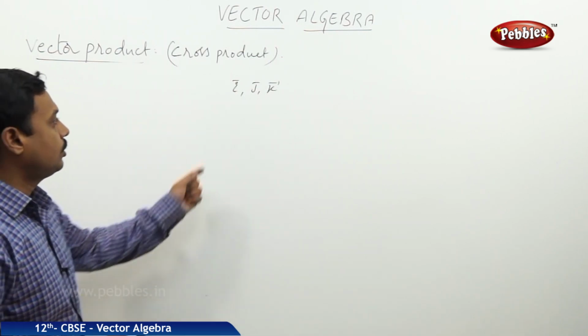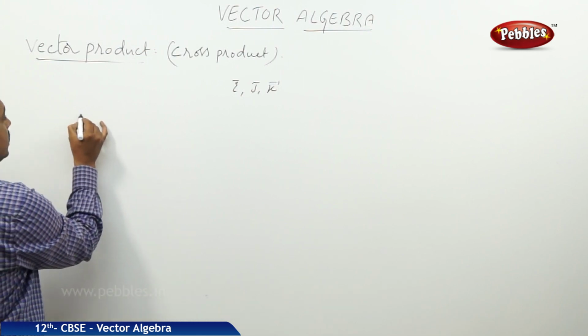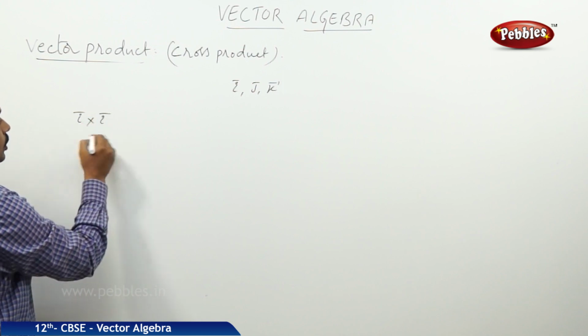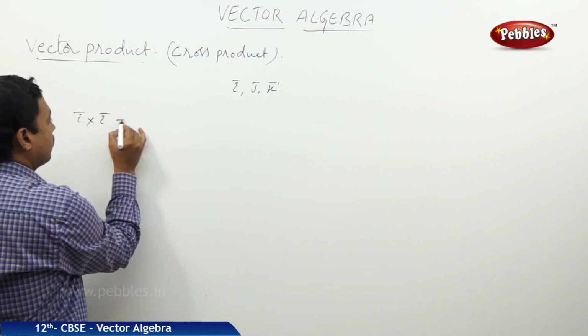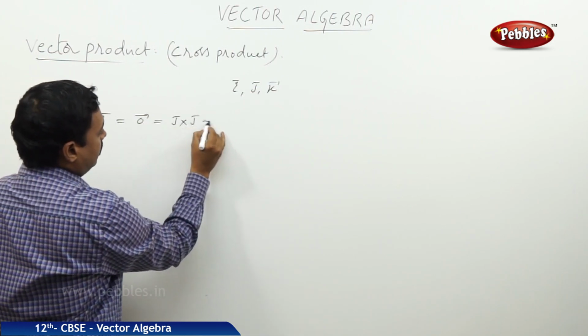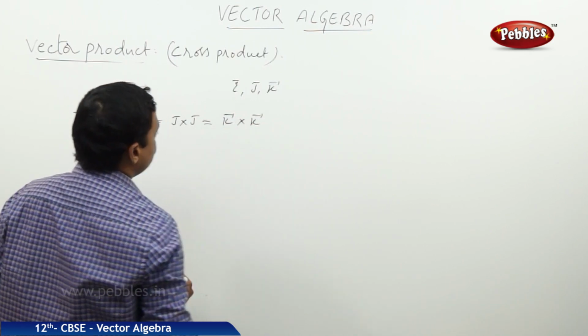Now, we are going to define the cross product between them. What is i cross i? We already know that the cross product of a vector with itself is always 0 bar. Hence, j cross j and k cross k are also equal to 0 bar.